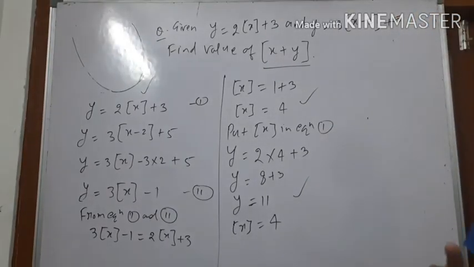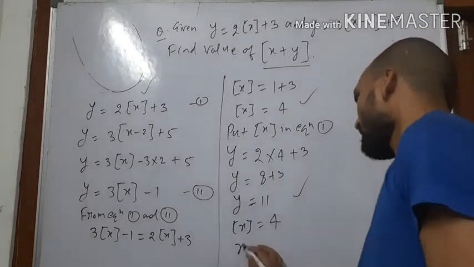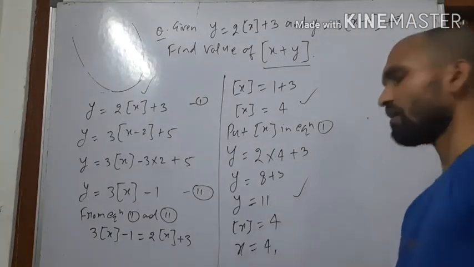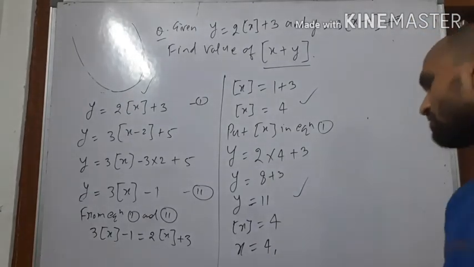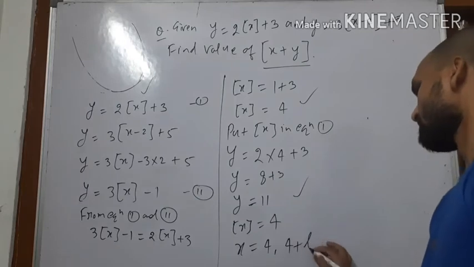So here are two possibilities, that x is 4 or x is 4 plus some fraction.